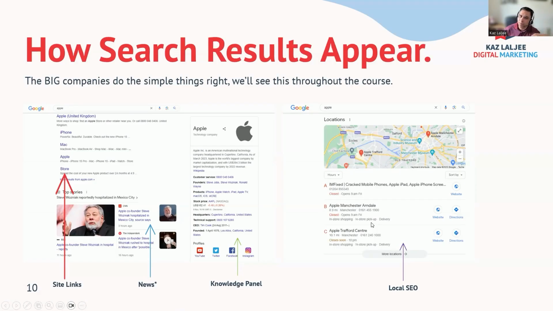So maybe Google thinking maybe he wants to fix his phone or whatever it might be. But this is what you see. And once again, the big companies are doing these simple things right. Apple aren't being arrogant and saying, well, we're just going to keep that out there. They've got information on the website. They're making sure you can see there's information there for the website.